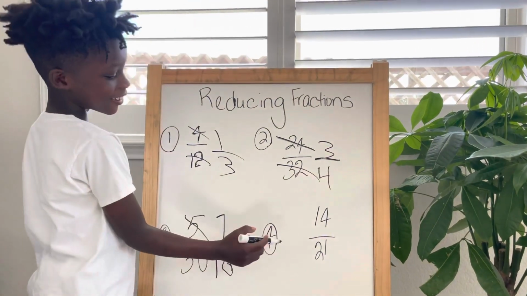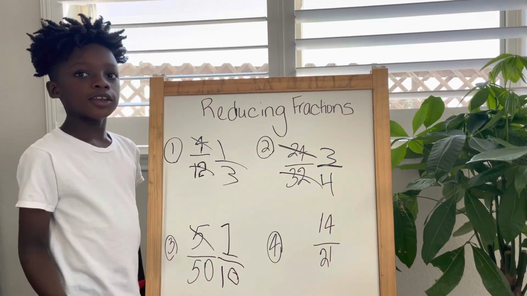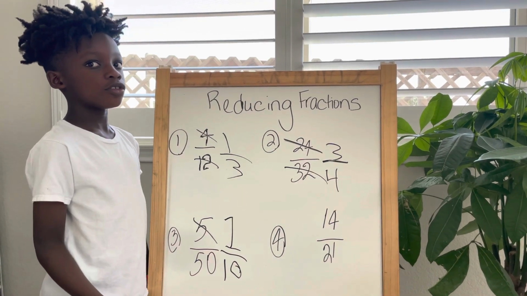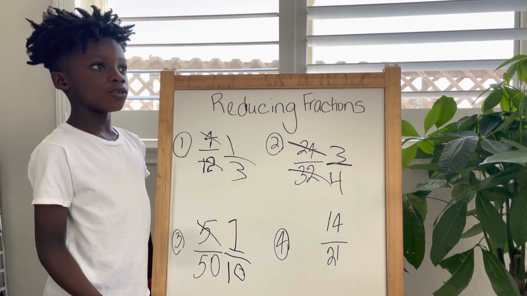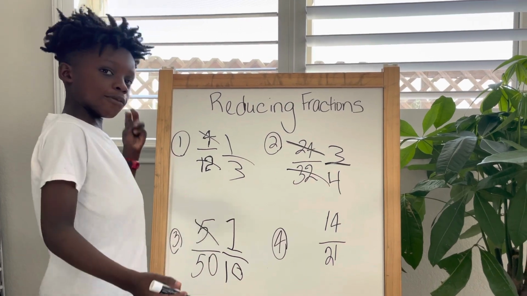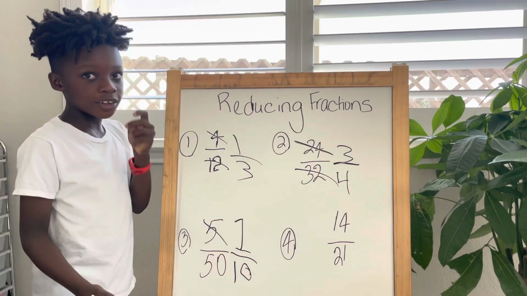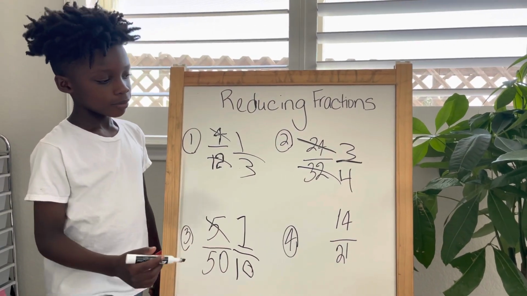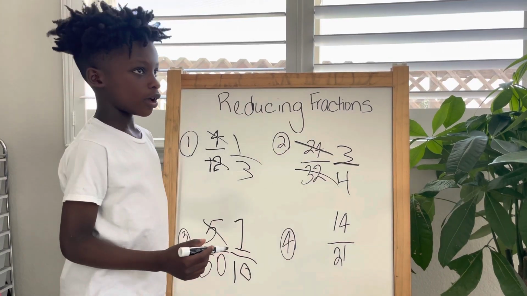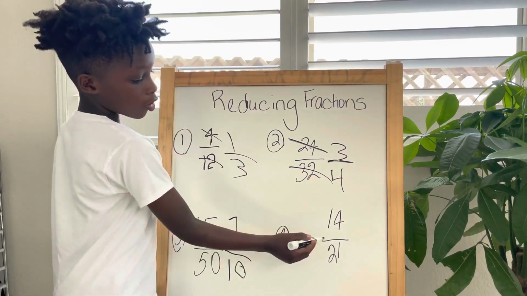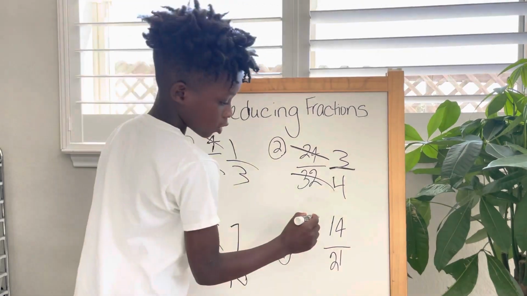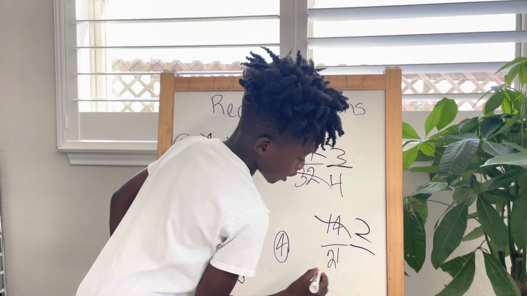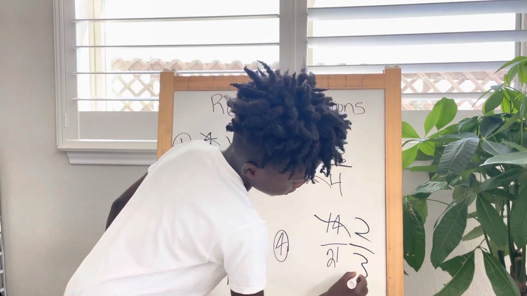It's 7. 7 times 2 is 14, and 7 plus 7 is 14. So 14 divided by 7 is 2. I forgot what I said the first time, but I know it was wrong. And 21 divided by 7 is 3.